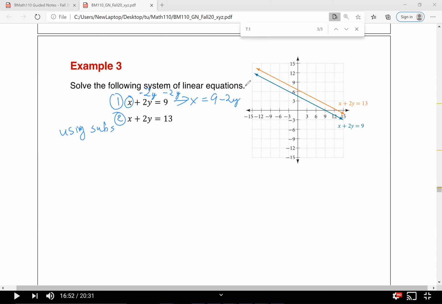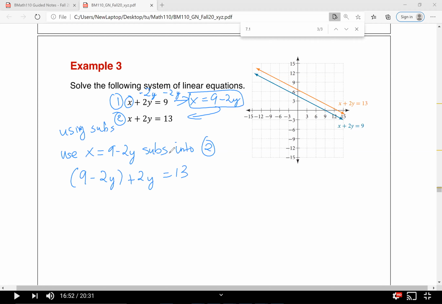Okay, easily. So now you will use x equal to 9 minus 2y and substitute it into the second equation. So I have x now become 9 minus 2y, plus 2y equal to 13.